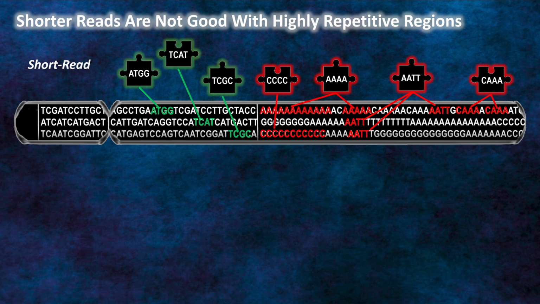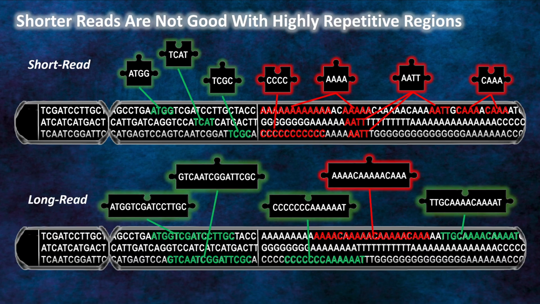With an area that is more repetitive or subject to more confusion, smaller pieces of the puzzle can map to different places on the chromosome, and it becomes more difficult to know if you're actually reading the section of DNA that you're targeting. With longer reads, that problem doesn't go completely away.